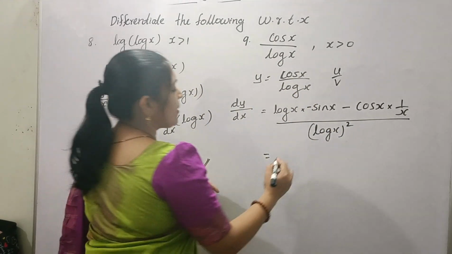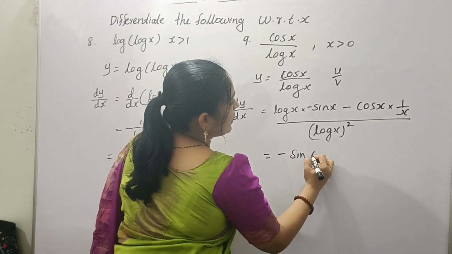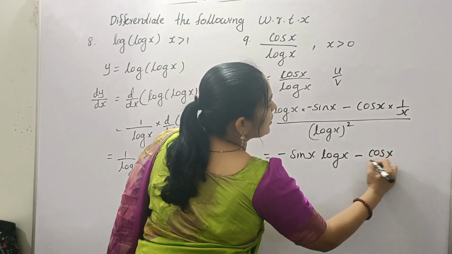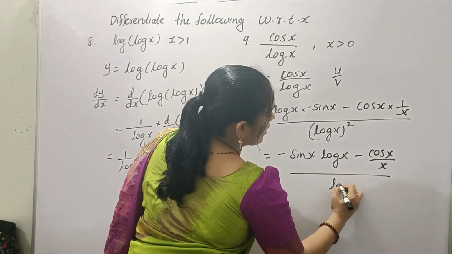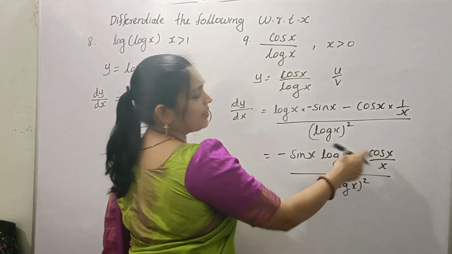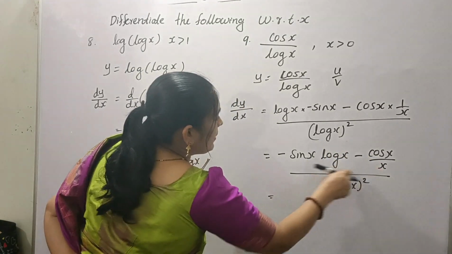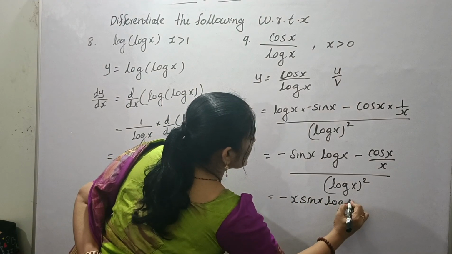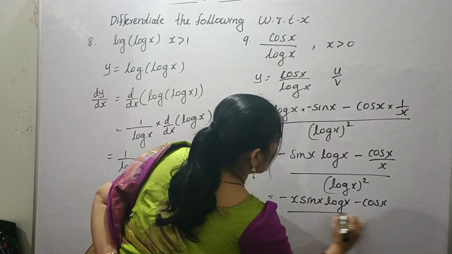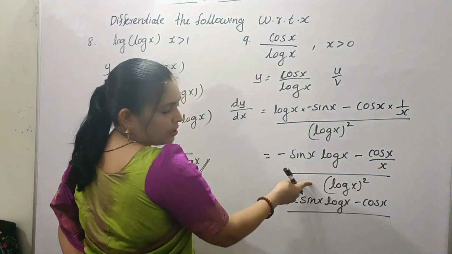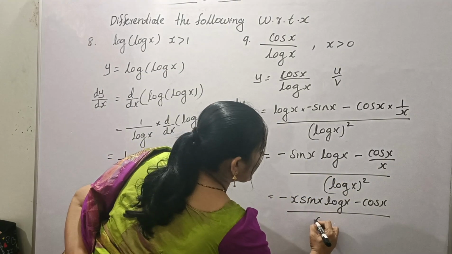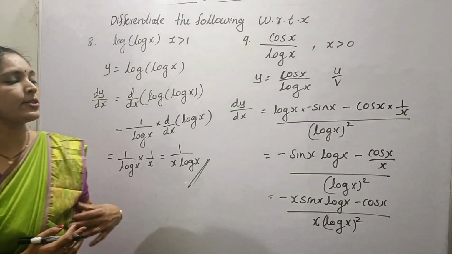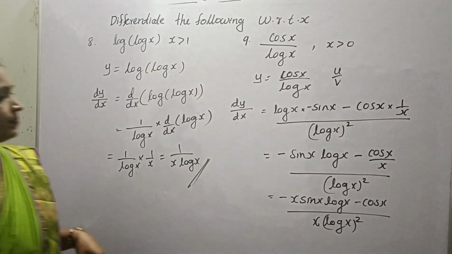That is equal to minus sin x log x minus cos x divided by x, whole divided by log x whole square. Let's take LCM. So it will be minus x sin x log x minus cos x, and this x will come to the denominator, that is x log x whole square. That's all.